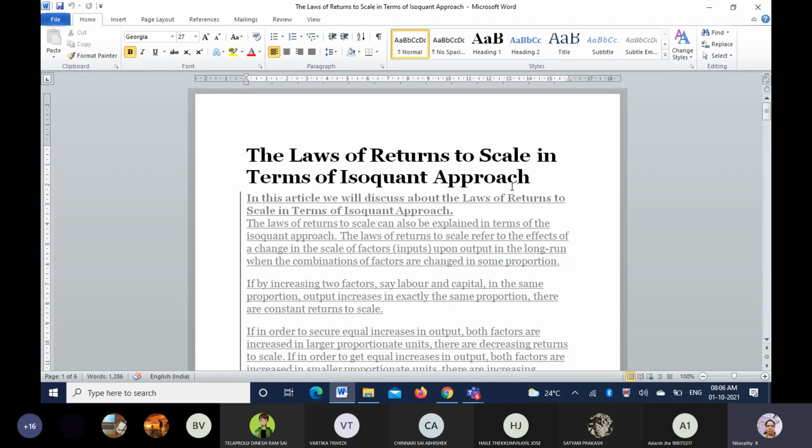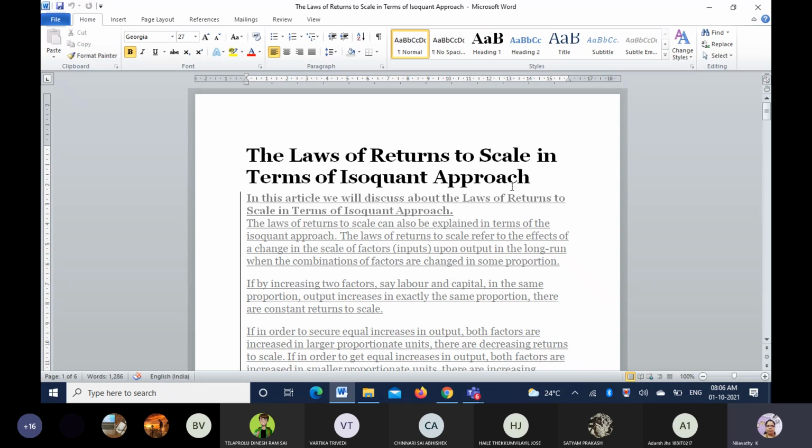Production functions are of different types, and one among them is the Cobb-Douglas production function, a very famous one. The theory believes in constant returns to scale. So there they will be taking the law of returns to scale with the help of an isoquant approach.